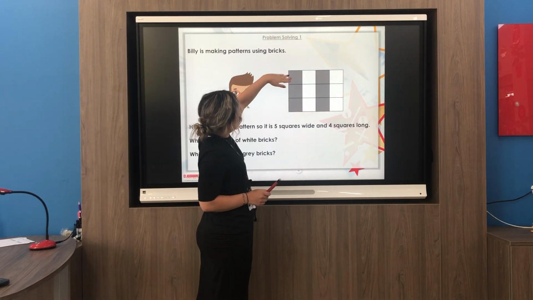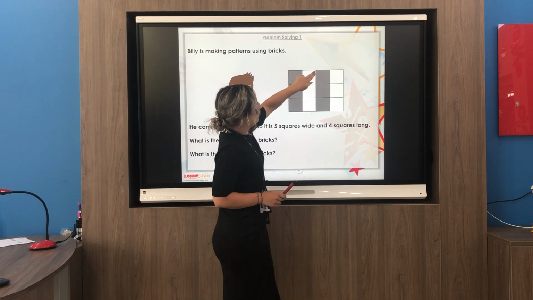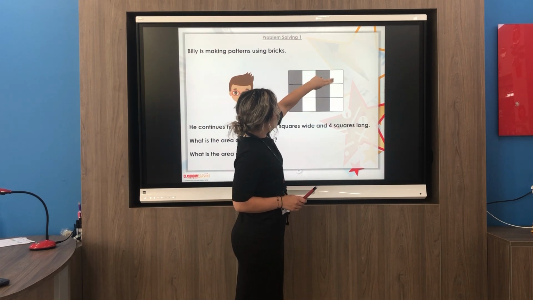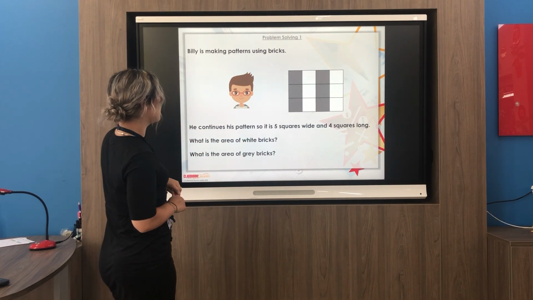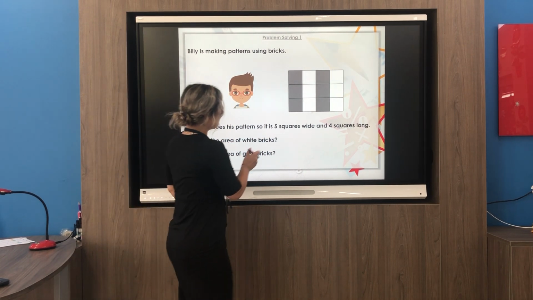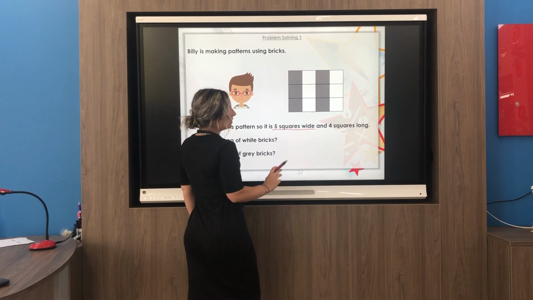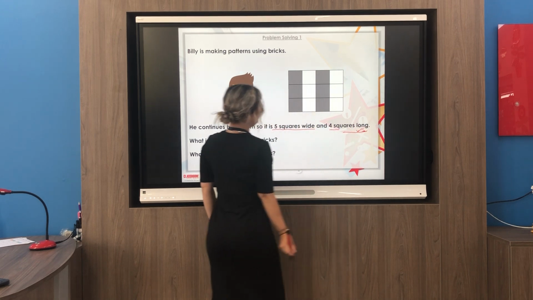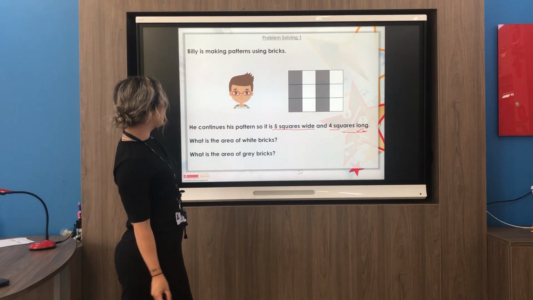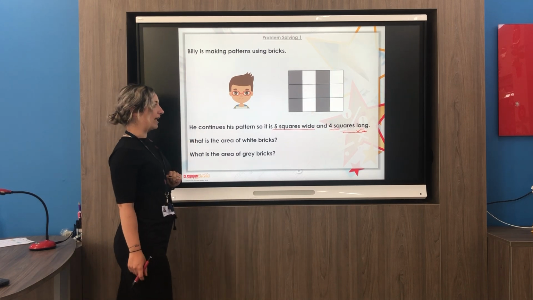So he's gone 3 grey, 3 white, 3 grey, 3 white. He continues his pattern, so it is 5 squares wide and 4 squares long. What is the area of the white bricks and what is the area of the grey bricks?